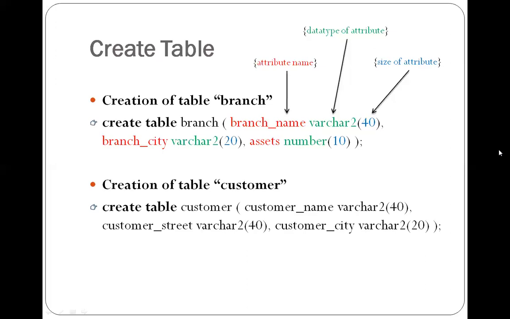That means the maximum number of characters we can store for customer name is 40. Okay, the customer street, space, data type varchar2, within bracket the size is 40, and lastly customer city, the data type is varchar2 and the size is 20.